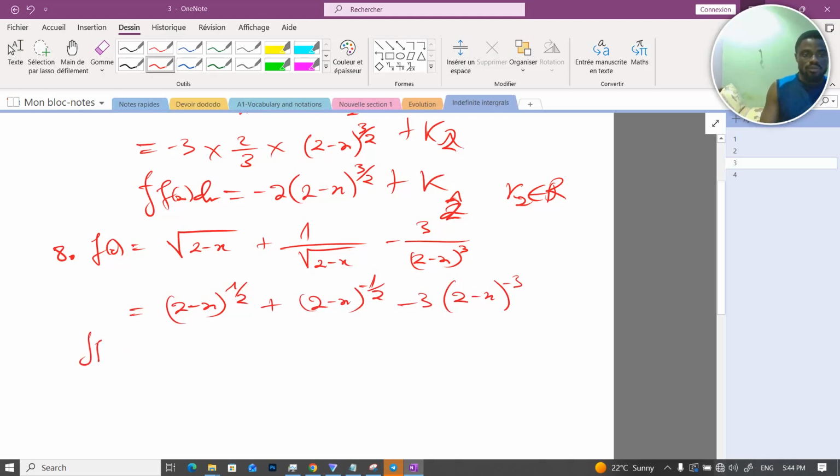So the integral of f of x dx will be equal to, first pass the integral all through first. So don't just start integrating, you should first pass your integral.